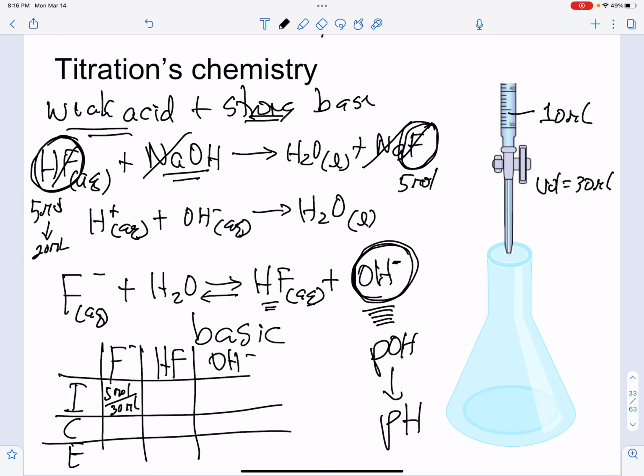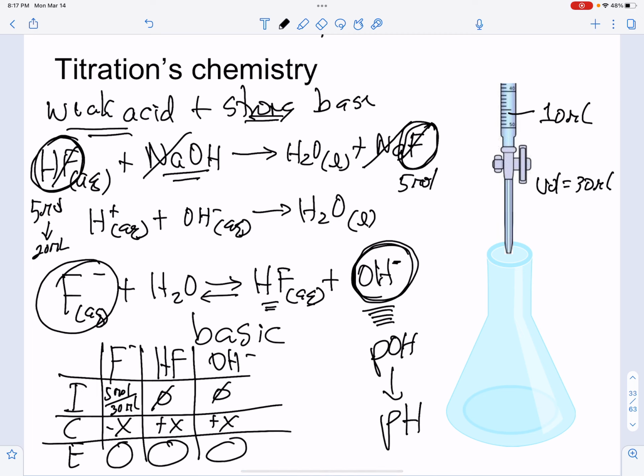The hydrofluoric acid is an equilibrium, so we don't know. We know that right at the beginning, there's none of it. There's no hydroxide. But we do know that this one is going to decrease by X. This one is going to go up by X, and this one is going to go up by X. So you can do your equilibriums.